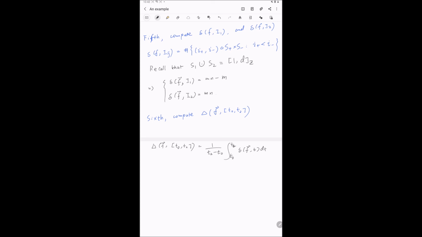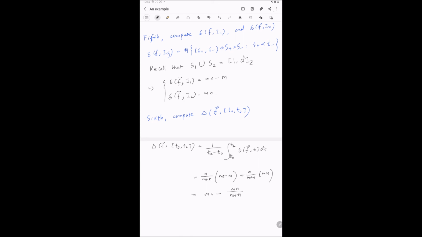This is a piecewise function, constant on each interval, I1 or I2, and you plug in the information above and compute that this integral is equal to mn minus mn over m plus n.